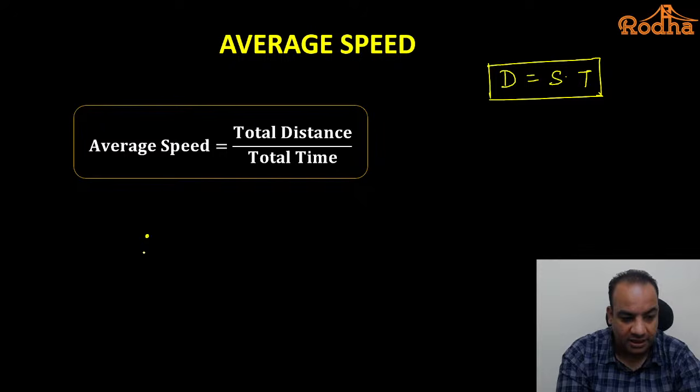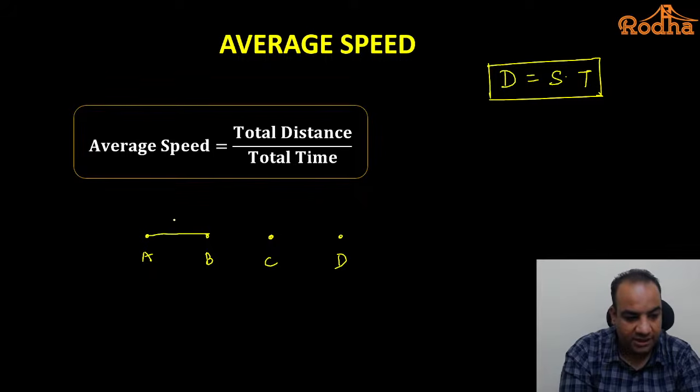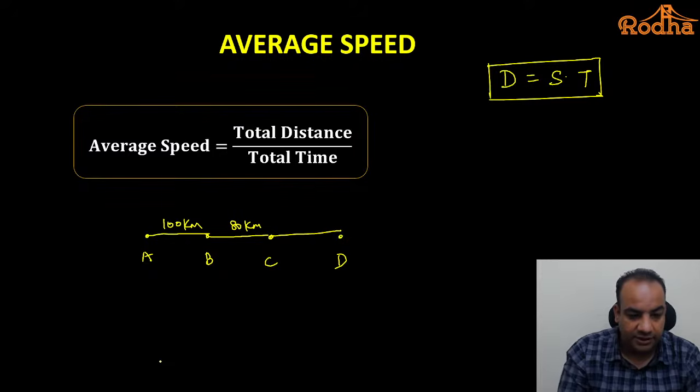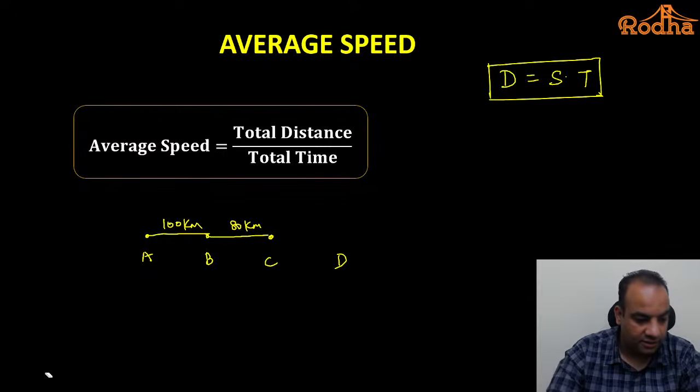Suppose a person goes from A to B, then from B to C, and then from C to D. The distance from A to B is 100 kilometers, B to C is 80 kilometers, and C to D is 45 kilometers.